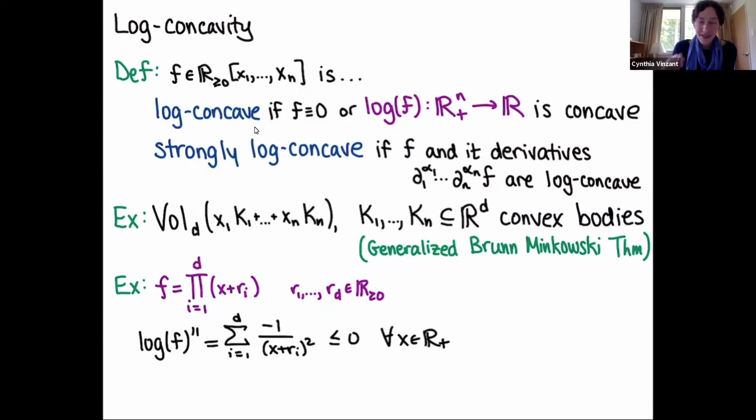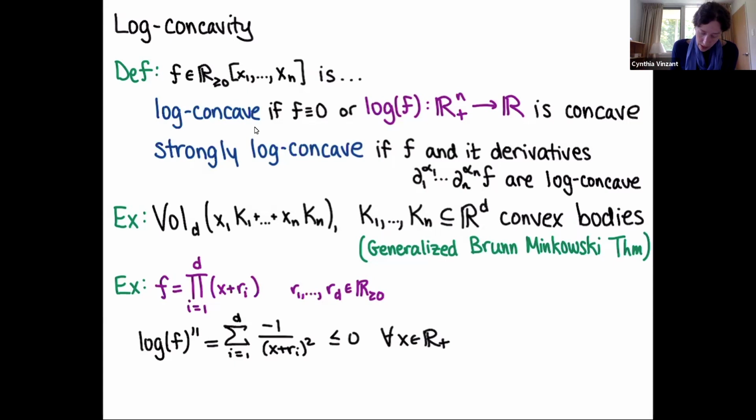If you take this polynomial written as such and take two derivatives, you get an expression as such. You get a sum of negative squares of rational functions whose poles are on the negative real line. And so in particular, this is going to be non-positive on the whole positive real line. And so this just shows that f, the polynomial itself, is log concave on the positive real line.